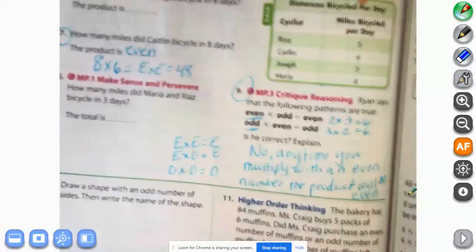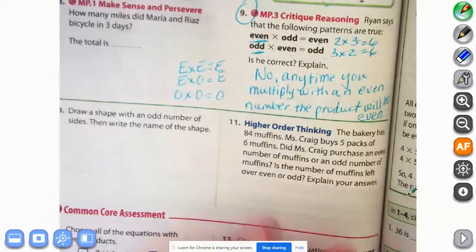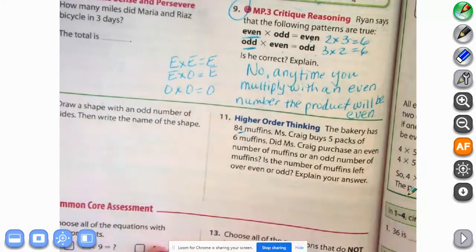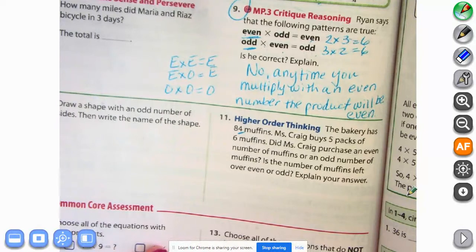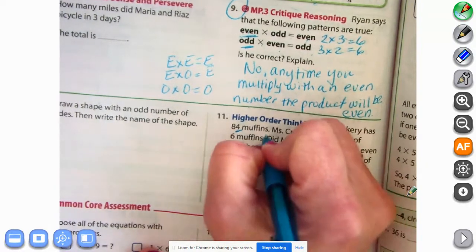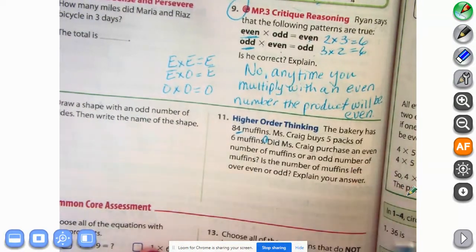All right, we're going to go to number 11. The bakery has 84 muffins. I know that 4 is an even number. Ms. Craig buys 5 packs of 6 muffins. Did Ms. Craig purchase an even number of muffins or an odd number of muffins? Okay, so the first question: did she purchase an even number of muffins or an odd number?